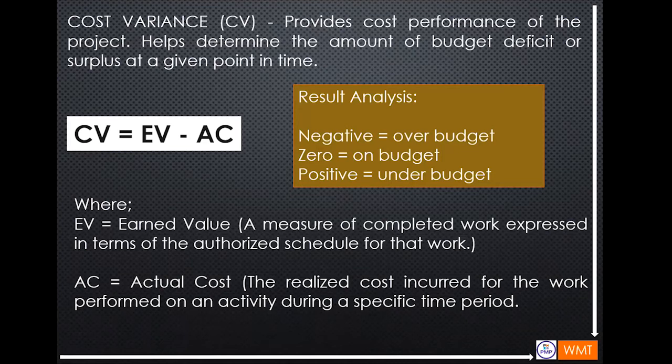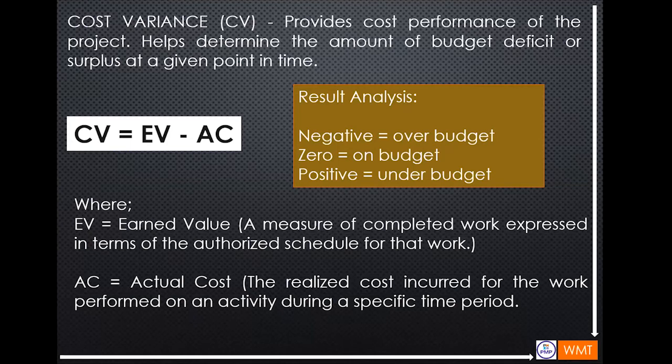For monitoring of the cost, you have to know the cost variance, or CV. Cost variance provides the cost performance of the project. It helps determine the amount of budget deficit or surplus at a given point in time. CV is equal to earned value minus actual cost.